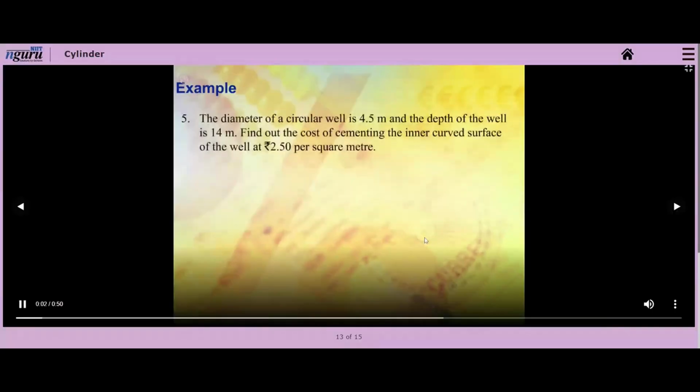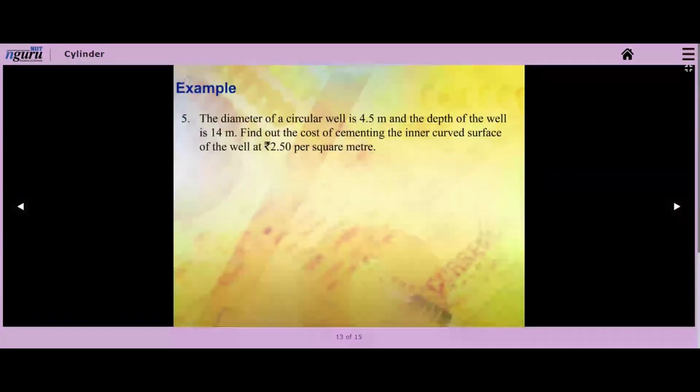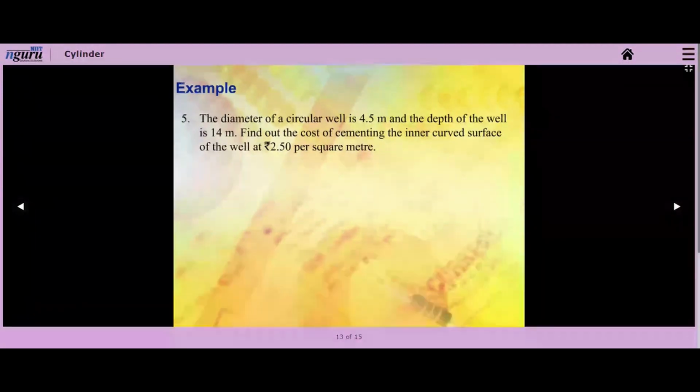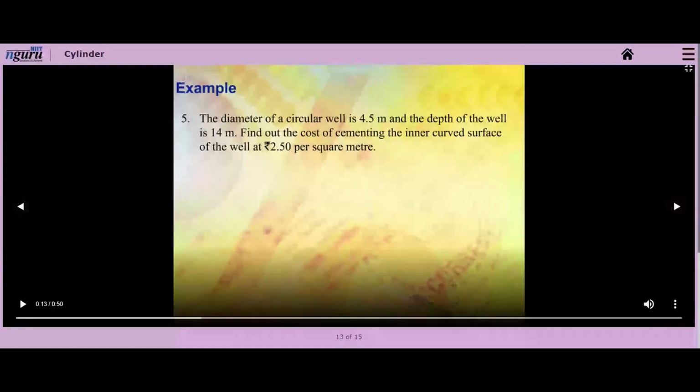The diameter of a circular well is 4.5 meters and the depth of the well is 14 meters. Find out the cost of cementing the inner curved surface of the well at 2 rupees 50 paise. Do this. Diameter is 4.5. Radius is 4.5 by 2. Depth is 14.